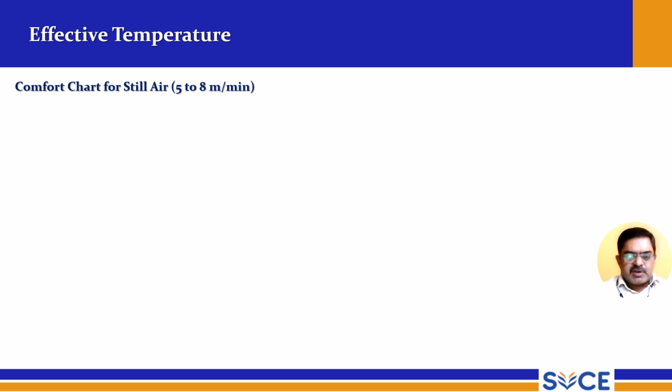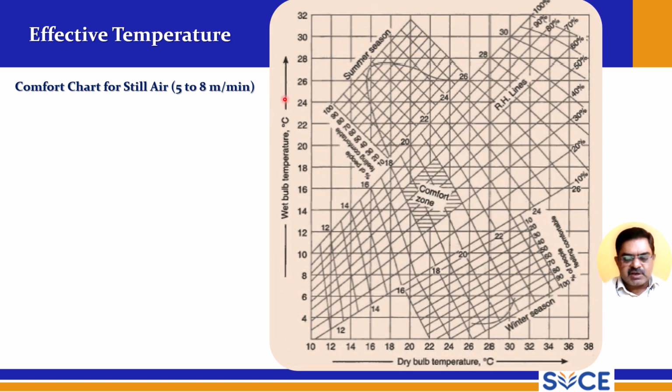Effective temperature is a comfort chart for still air, 5 to 8 meters per minute, and this is the comfort chart. You can see here this zone is the comfort zone, having a maximum wet bulb temperature of less than 20 degrees Celsius and a maximum dry bulb temperature of less than 26 degrees Celsius.